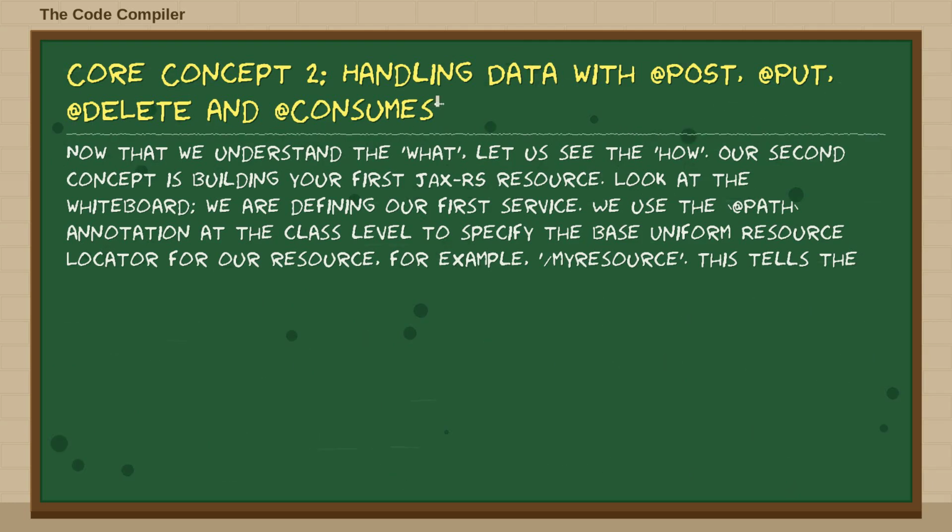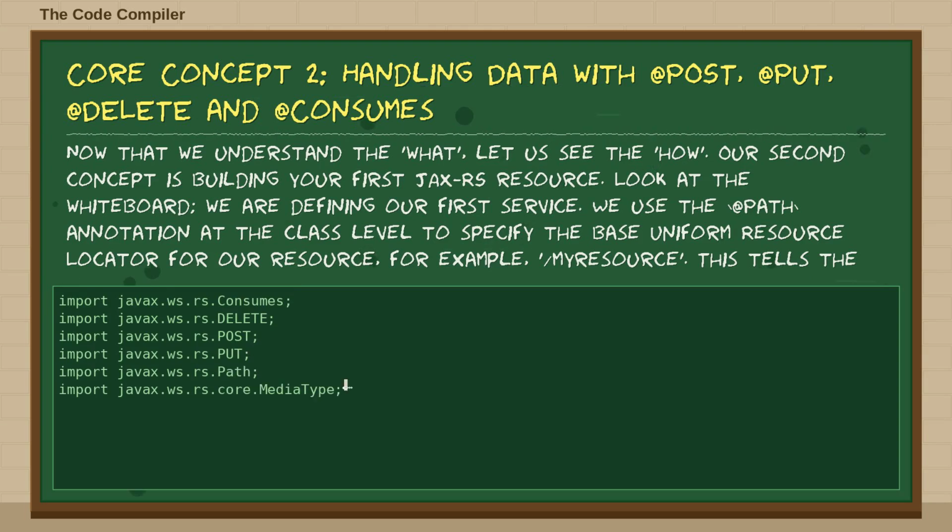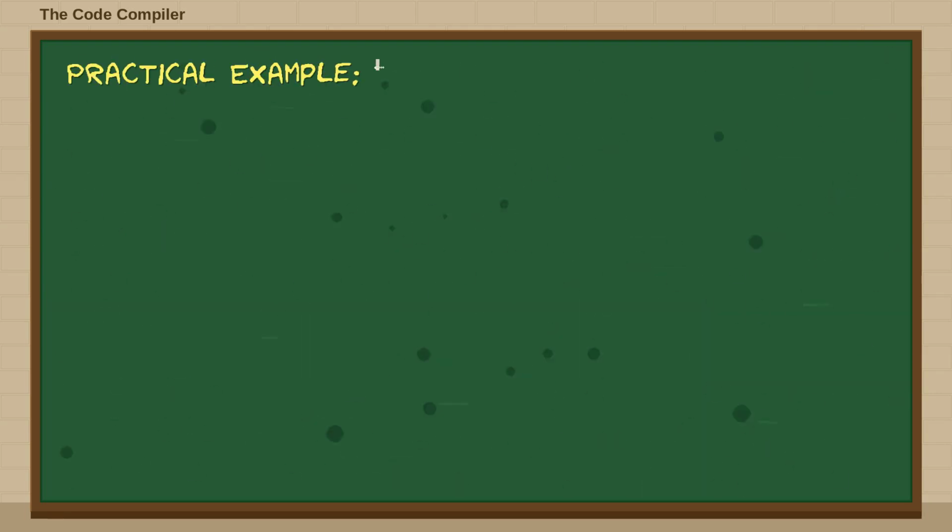This method simply returns a string. When a client sends a hypertext transfer protocol GET request to hello, this method will be invoked, and it will send back a plain text message. Simple, is it not? Excellent.